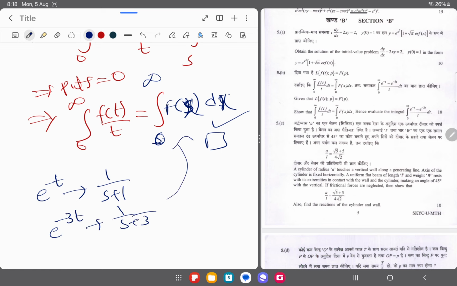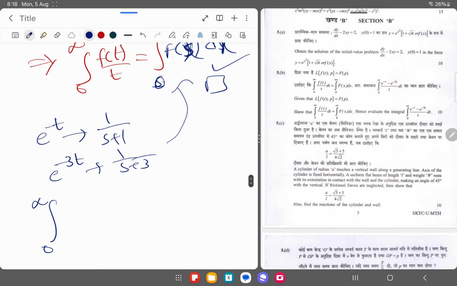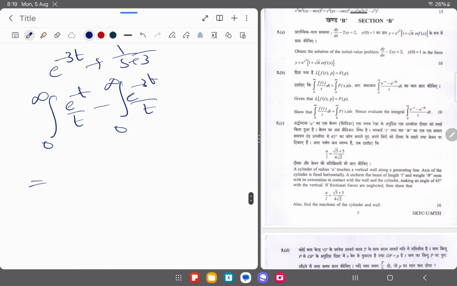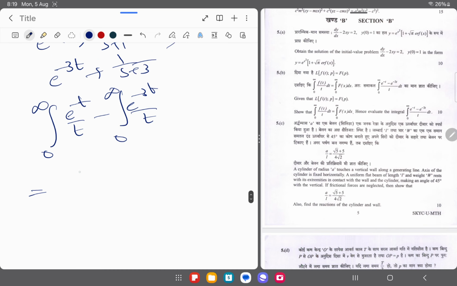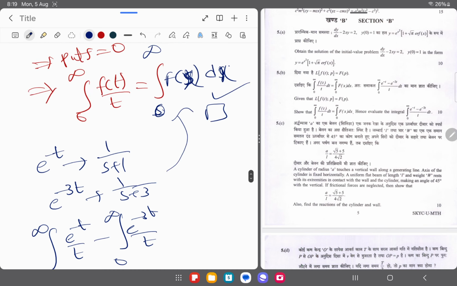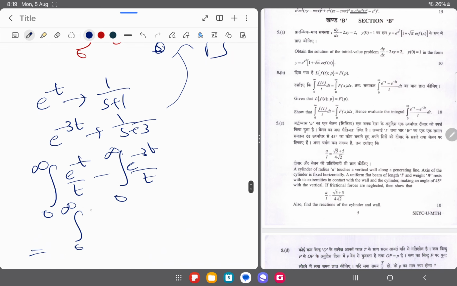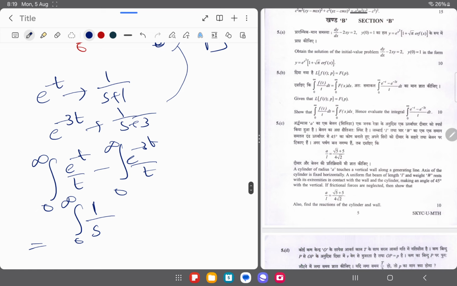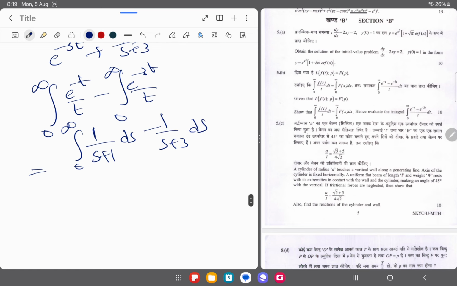Now substituting here, right? Integral 0 to infinity e power minus t by t minus integral 0 to infinity e power minus 3t by t, right? This will be integral 0 to infinity of 1 by s plus 1 ds minus 1 by s plus 3 ds, right?